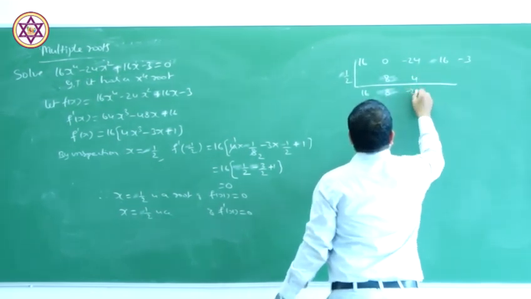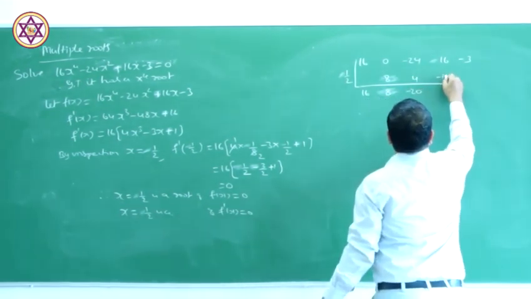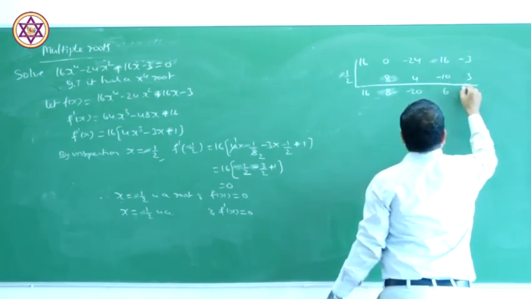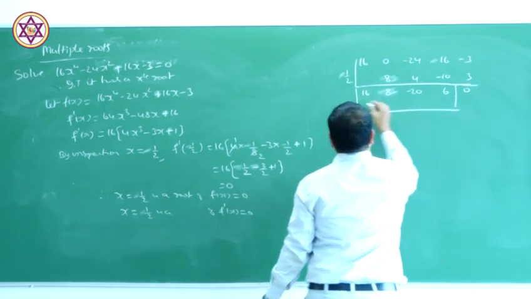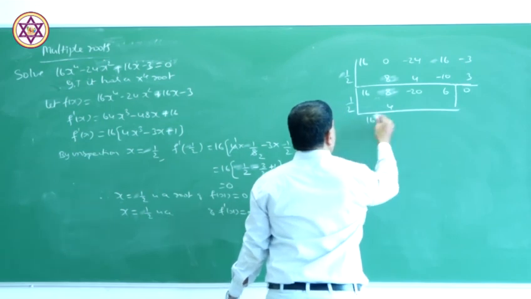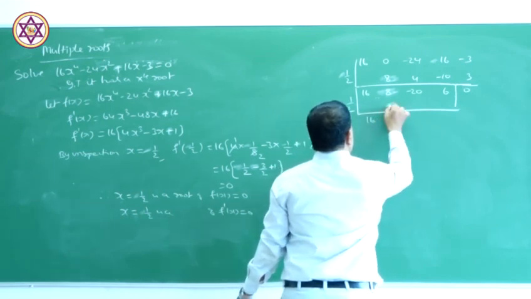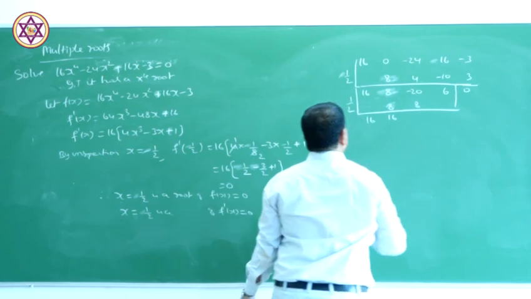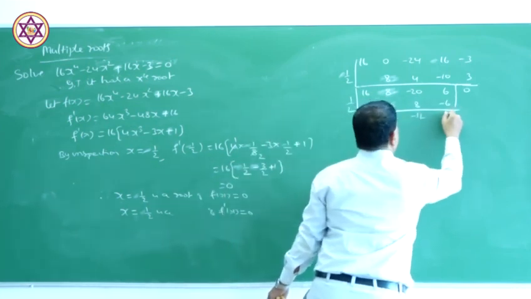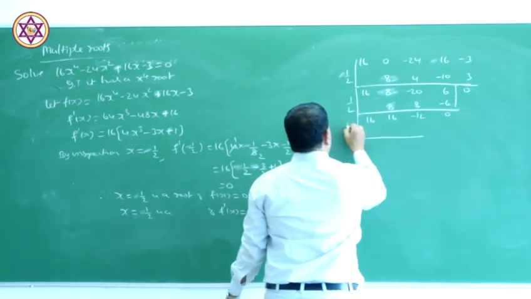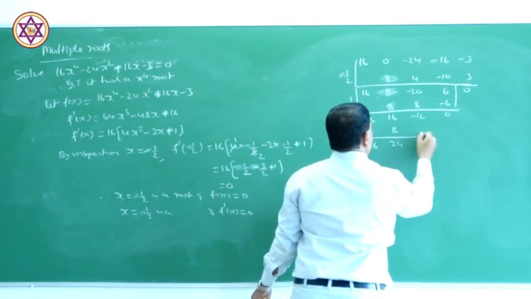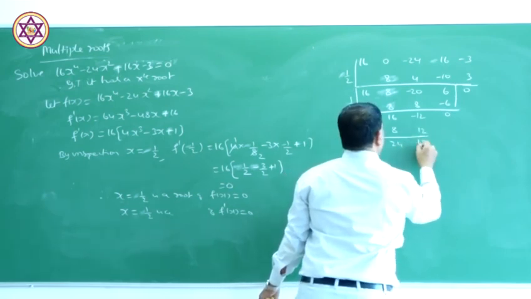So 4 minus 20, we get minus 10, 6, 3, 0. Okay. So 16, 8, half of this one, minus 12, 0. Again divide, 8, 24. So we get 12, 0.